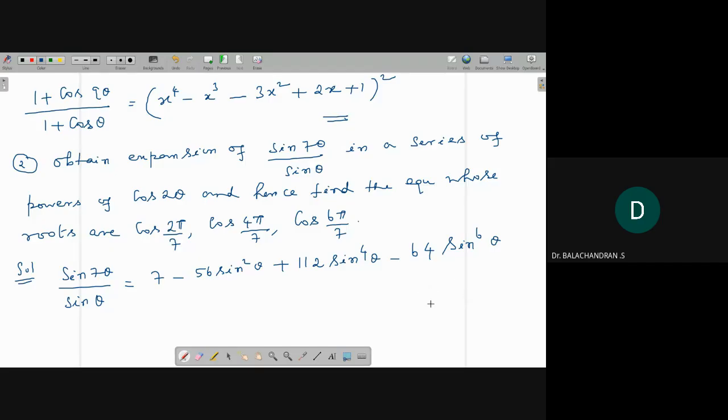So what is sine square theta in terms of cos 2 theta? 1 minus cos 2 theta divided by 2.